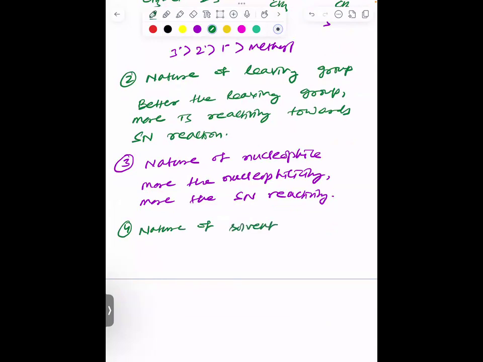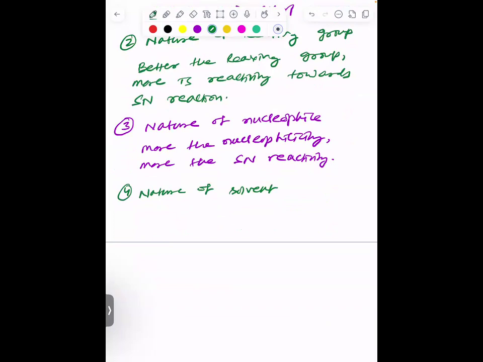So which solvent facilitates the SN1 reaction? This reaction takes place in polar protic solvent. Why?